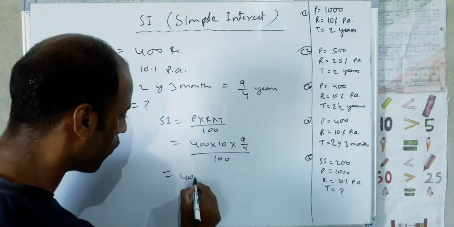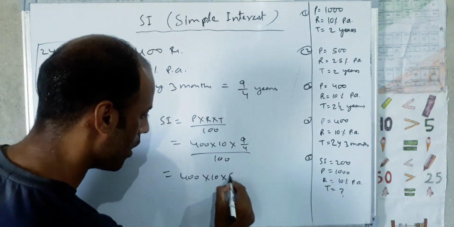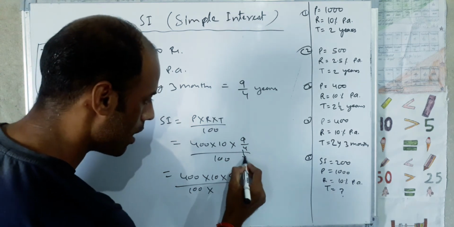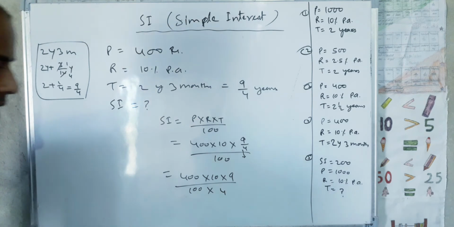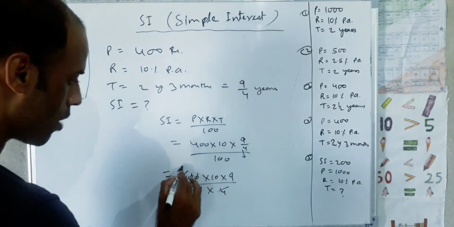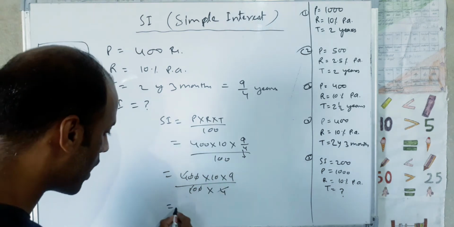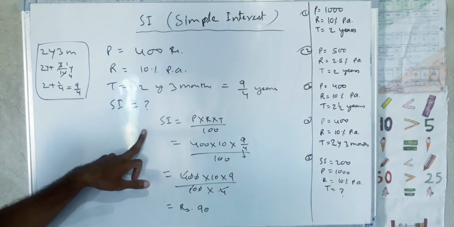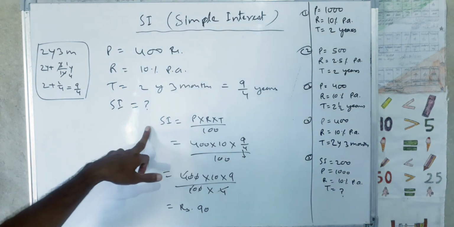So here 400 into 10 into 9 upon 100 into 4. Denominators 0 0 0 0 cancel out, 4 4 cancel out, 1 here, 10 into 9 we get rupees 90 as simple interest.